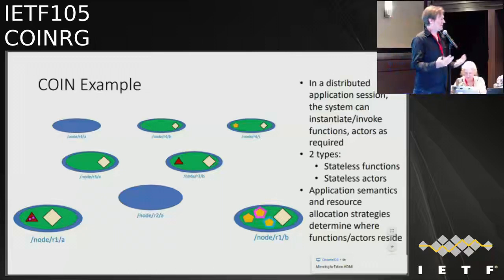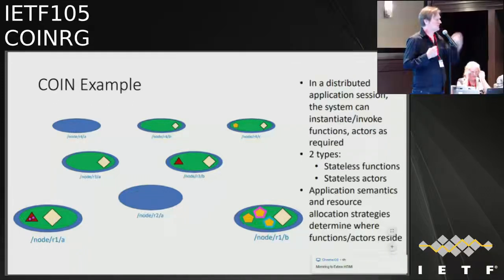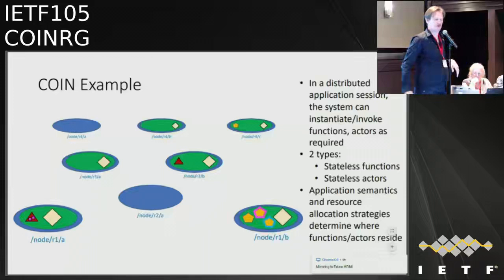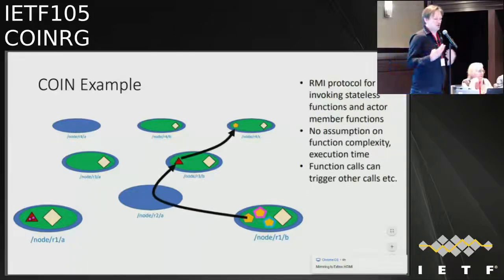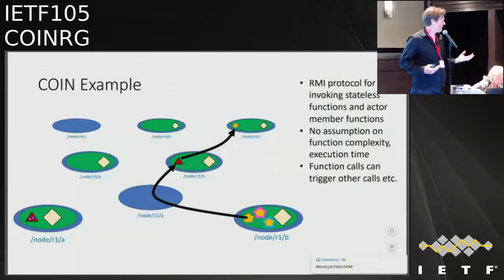So in a system like this, the assumption is there would be a distributed system, programmed in a program, with certain application requirements, that runs dynamically, and the dynamic execution determines what needs to be allocated, executed, and what needs to be transmitted in terms of input parameters and results. There would be some kind of remote method invocation protocol for invoking functions, so stateless functions or maybe stateful actor member functions. These functions could be very lightweight, but also do significant pieces of work. And as I said, one function can trigger other function calls and so on.